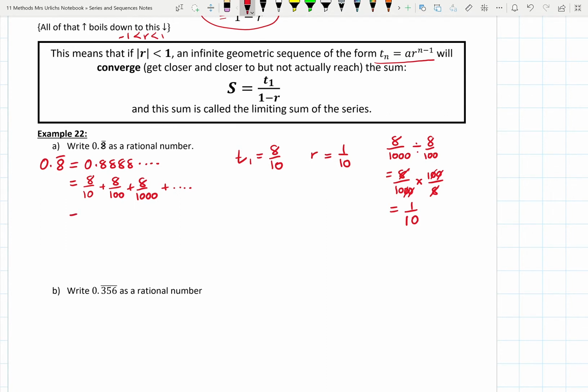The sum to infinity is going to be 8 tenths divided by 1 minus 1/10, which is 8 tenths divided by 10 tenths minus 1 tenth, which is 9 tenths, which is going to be 8 tenths times 10 on 9. The 10s cancel and we're left with 8 on 9. So that tells us that 0.8 recurring equals 8 on 9.